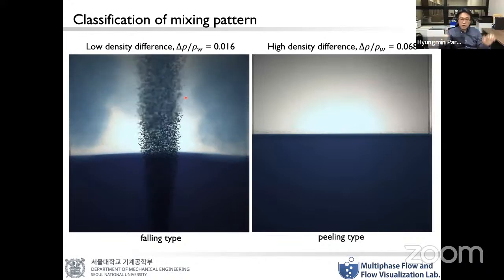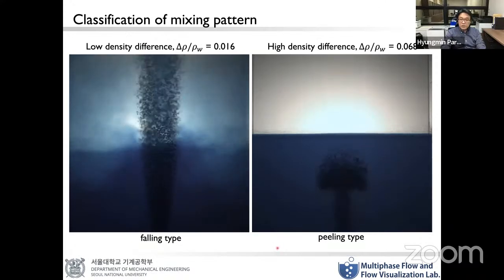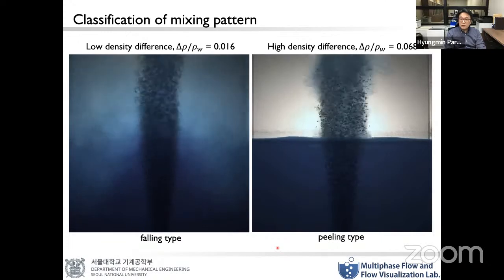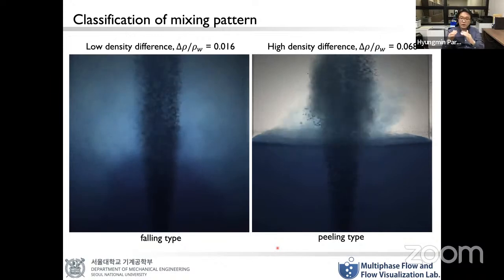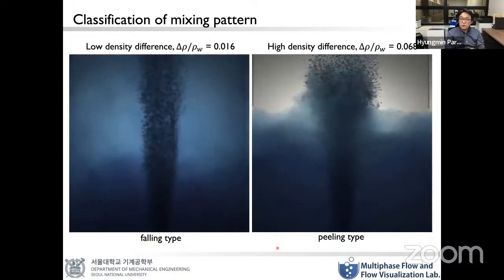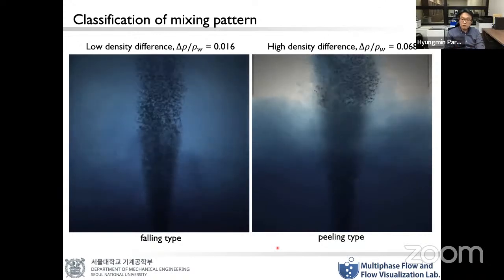It tends to circulate, right? But when the density ratio is quite large, because of the higher density, the dragged lower liquid just falls down, filling down like that. So it shows a little bit different pattern depending on the density ratio, right?